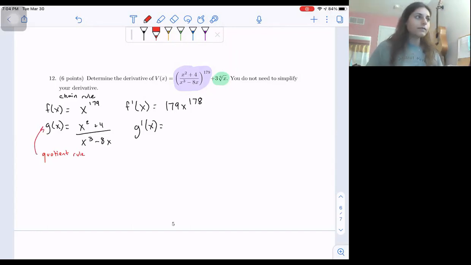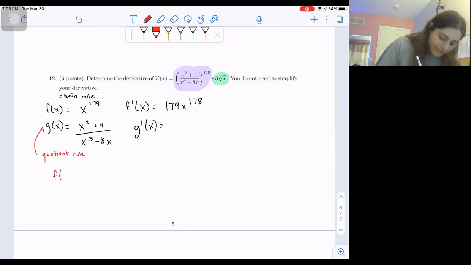Okay, and then the quotient rule, I just want to make sure I get it right. Okay, cool. I think I got it. So we want to define f of x and g of x. You can use any variable. Sometimes I use a and b, but I feel like that might have confused you guys more last time, so I'm just going to stick with f of x and g of x.